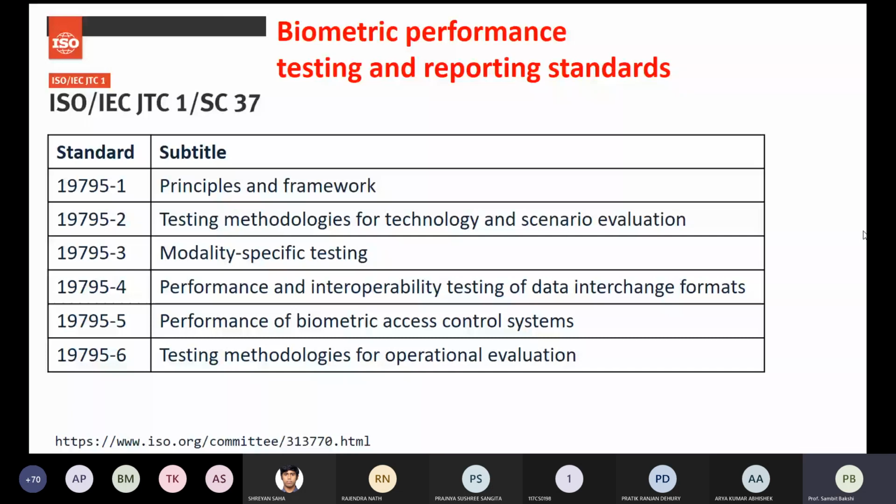ISO standard, you all know about ISO standard. In every product you can see the ISI mark, ISO standard. This ISO is a standardization organization, where recording of processes is done. So for biometrics, these are the ISO standards that are there.